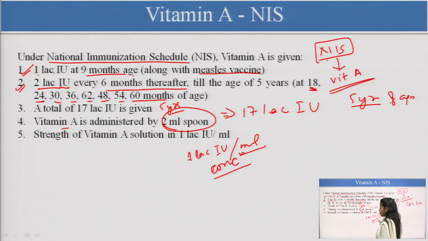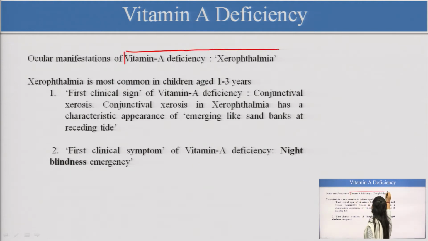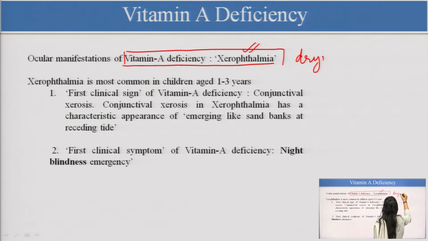So, we should also know about the recommended concentration of vitamin A. Now, what are the problems associated with vitamin A deficiency? There is one condition called xerophthalmia. This is dryness of the eye, in common terms.